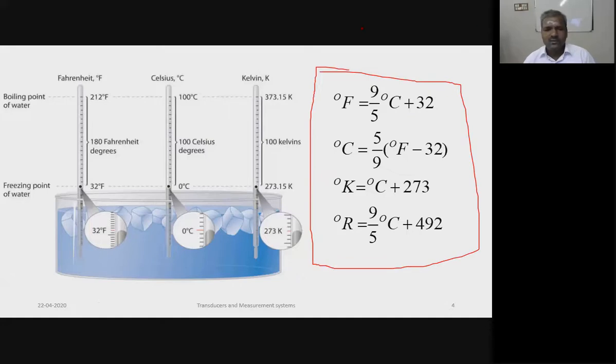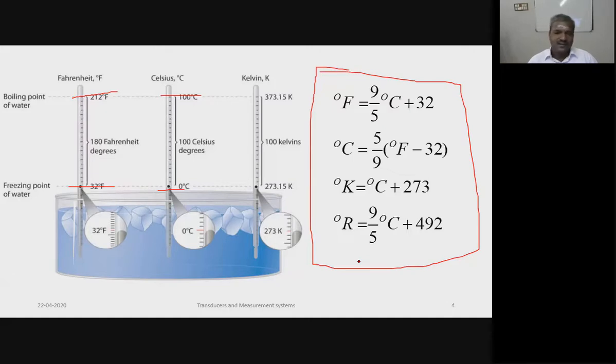So at 0 degrees Celsius, Fahrenheit is 32. At 100 degrees Celsius, the Fahrenheit is 212. If you watch TV channels, they tell the weather forecast, like today's temperature is 110 degree Fahrenheit.